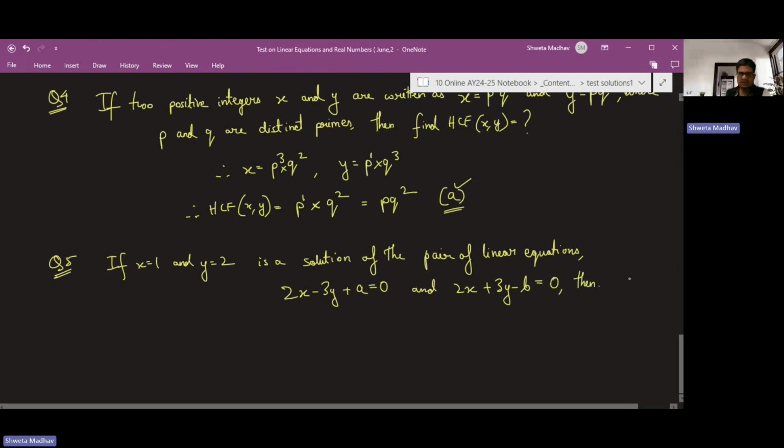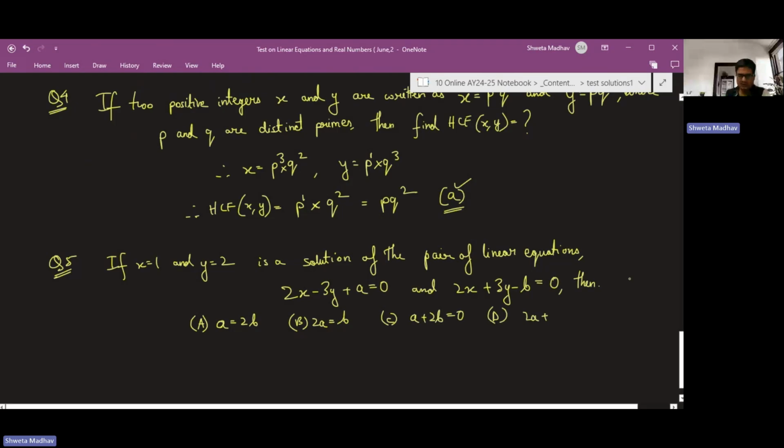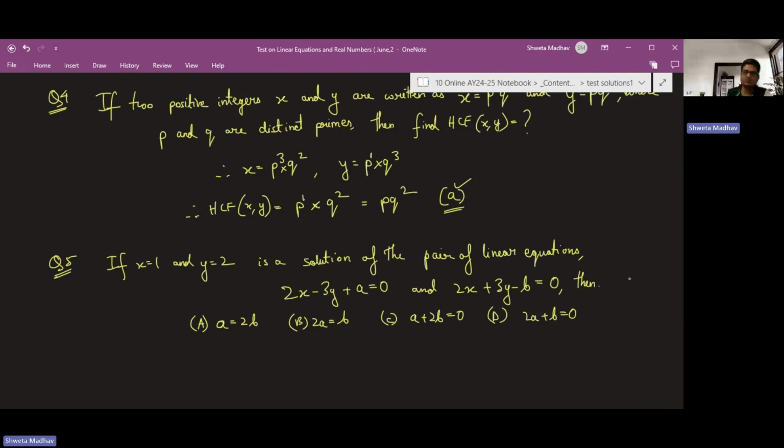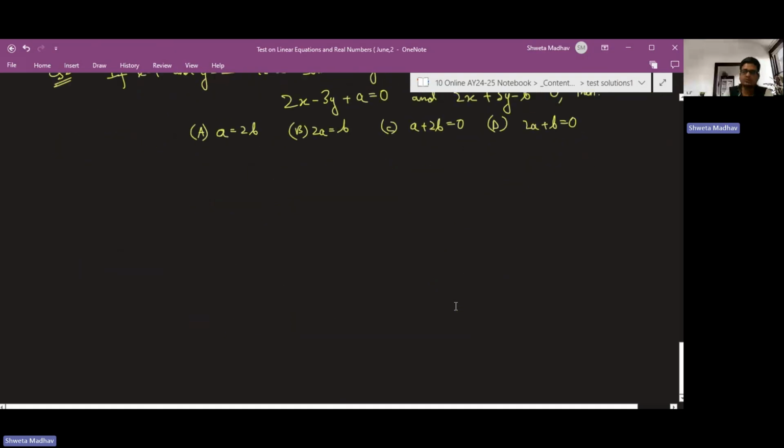Then we need to find the relation between a and b. Option A is a equal to 2b, option B is 2a equal to b, C is a plus 2b equal to 0, and option D is 2a plus b equal to 0. Which is the required relation between a and b?